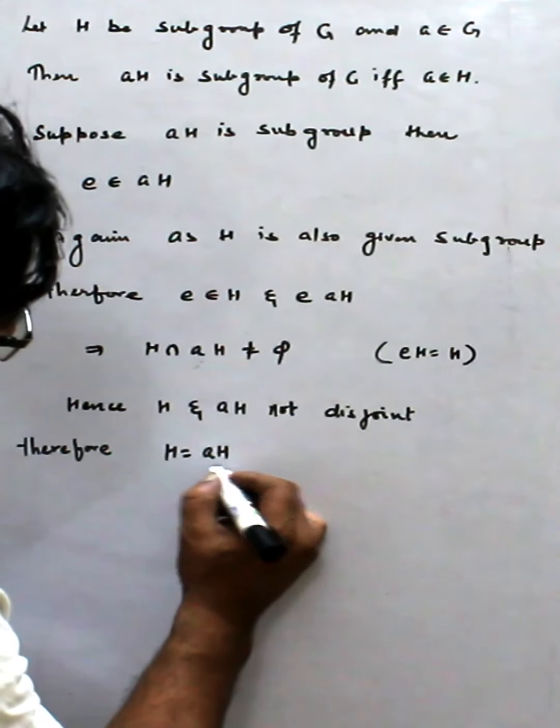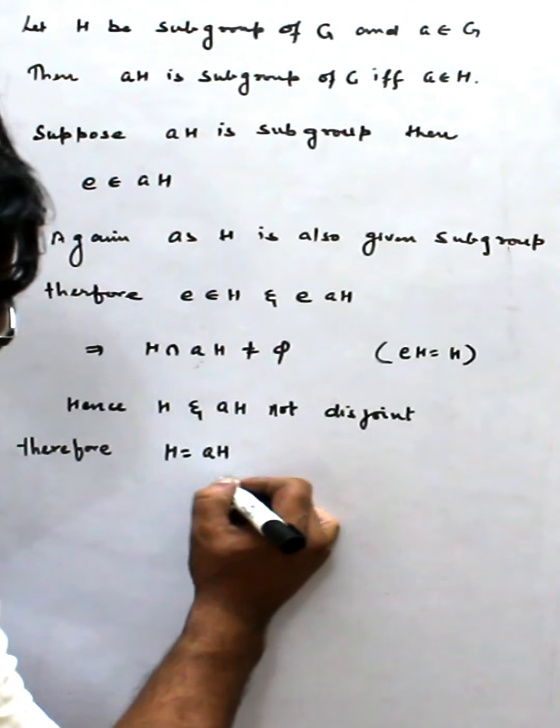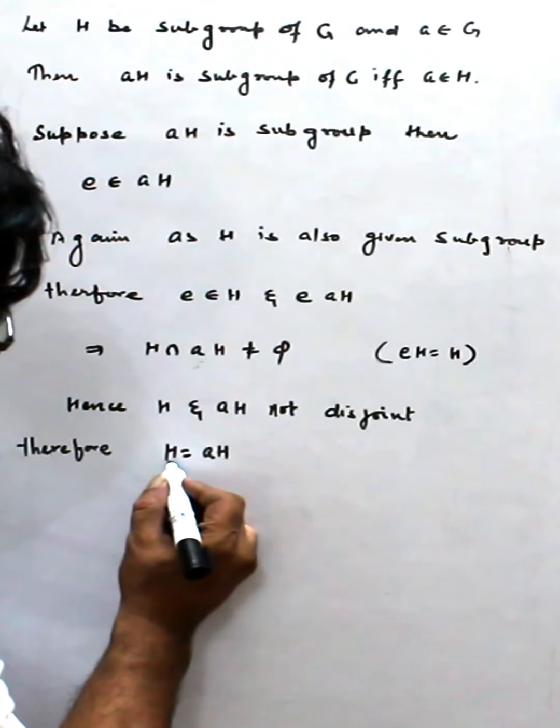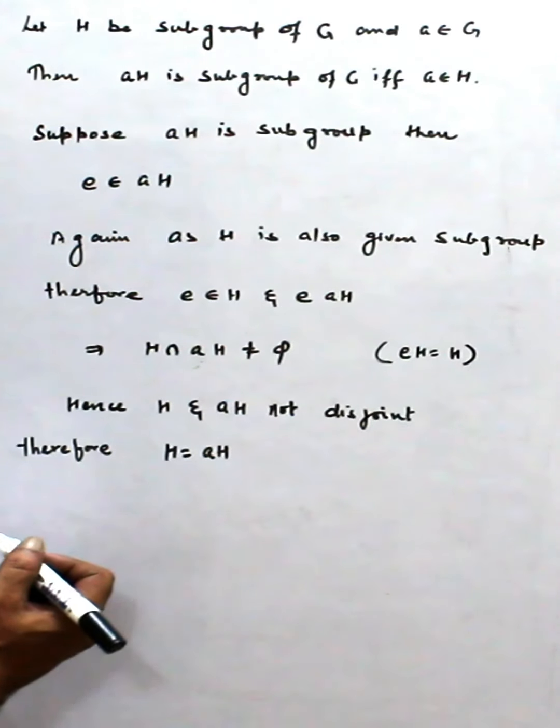Now this set has composition of AH, that means some element of this is equal to this.